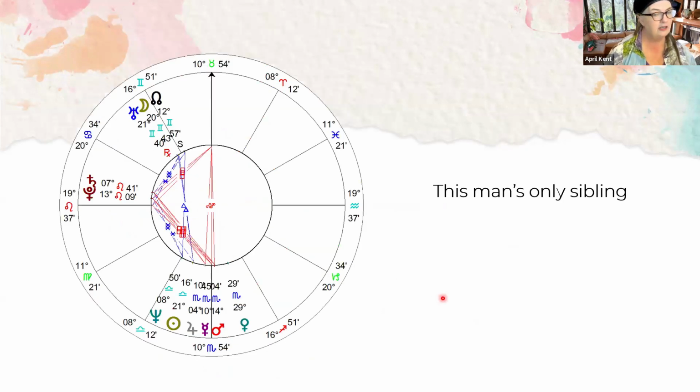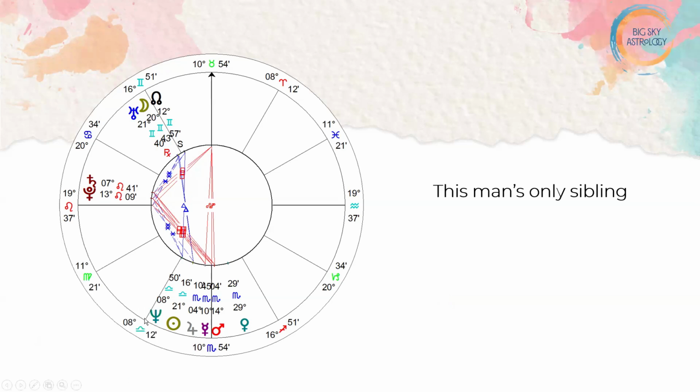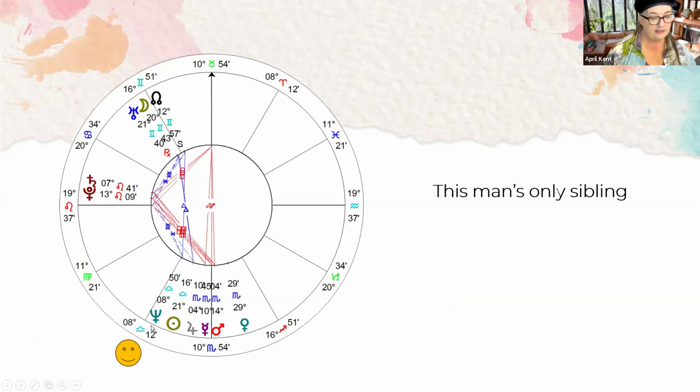Okay, here, so we're gonna talk about this man's only sibling. So which house are we gonna look at? 3. Yep. So this is his sibling. What house would signify the sibling's health?